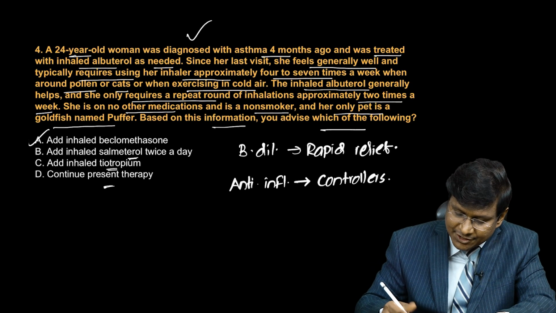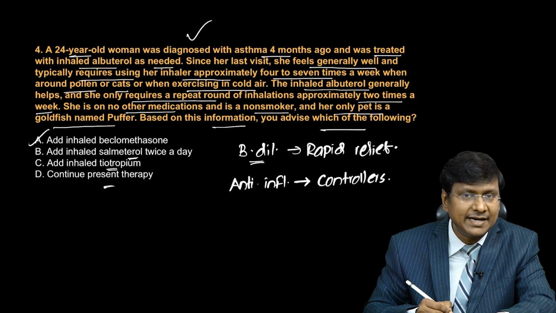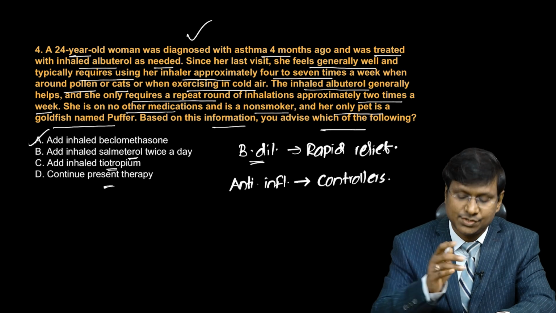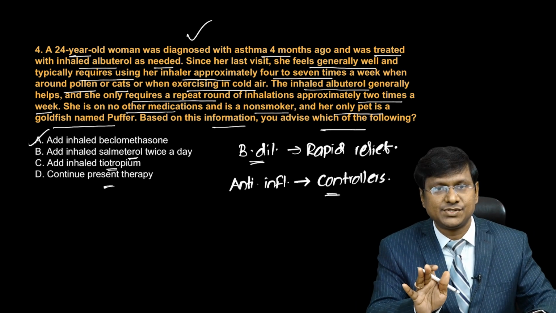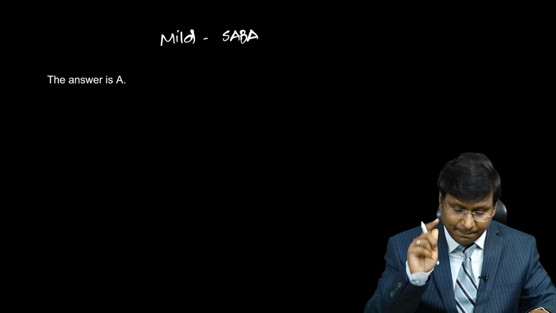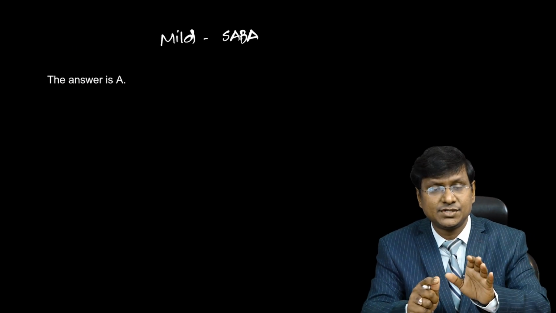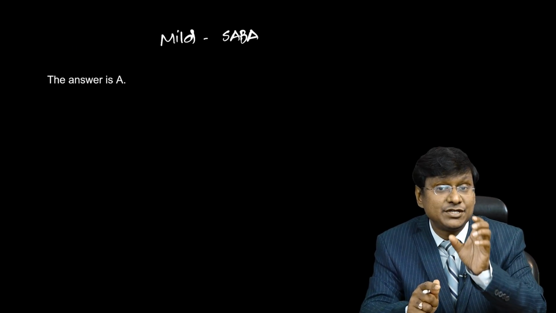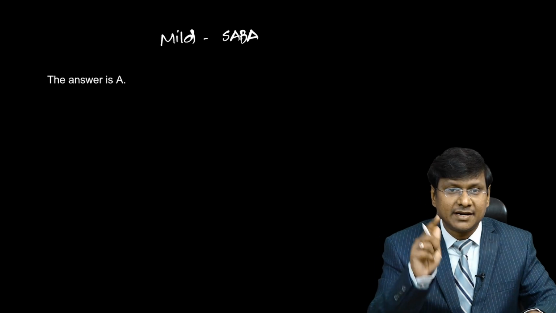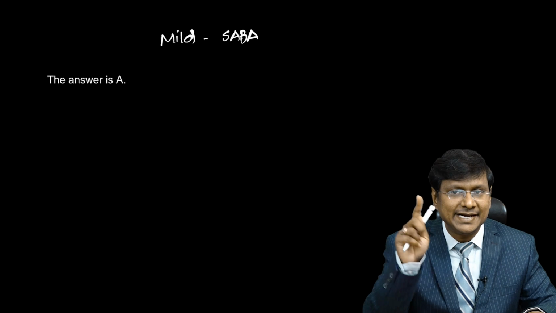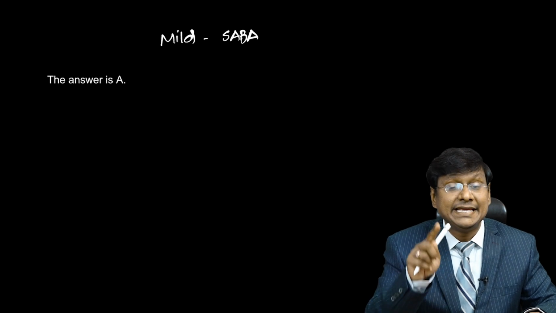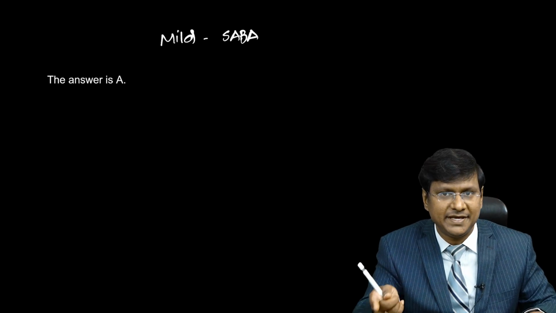What is the reliever medication? Your bronchodilators are the reliever medications, whereas the corticosteroids are the controller medications. So the point you need to understand is that if the individual is requiring the reliever medications more than twice a week, that is an indication that he requires the controller therapy as well.